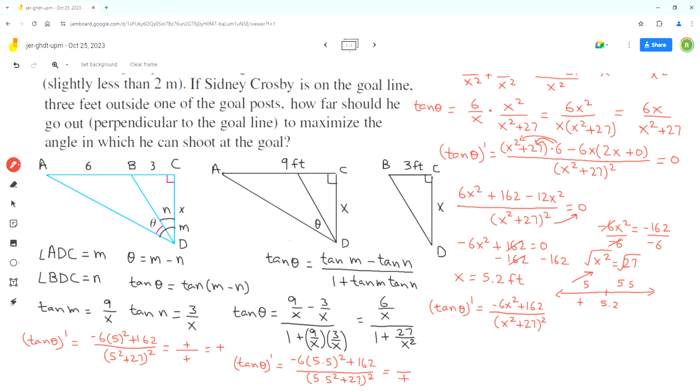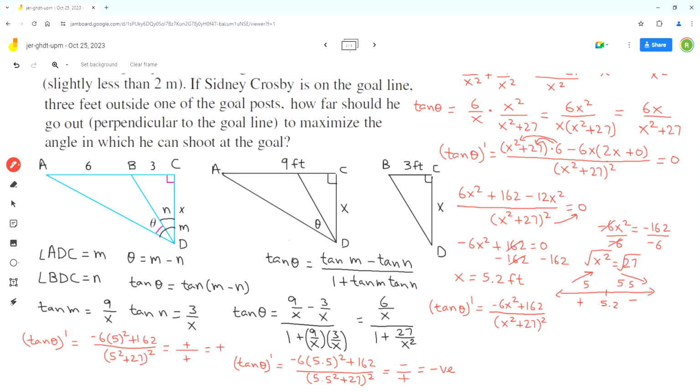So the overall value of this expression will be negative. That means the slope of the tangent is negative to the right side of x equals 5.2 feet. The function is decreasing on the right side. That means at x equals 5.2 feet, the value of theta is maximum.